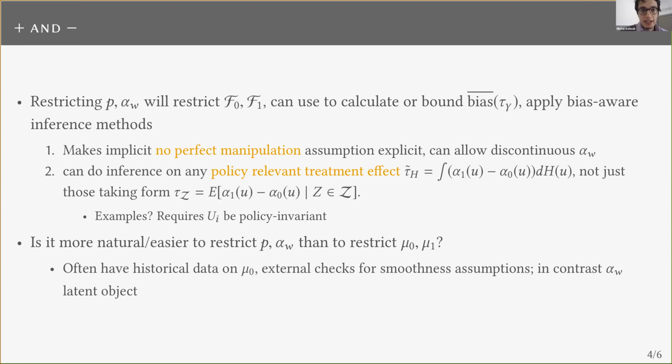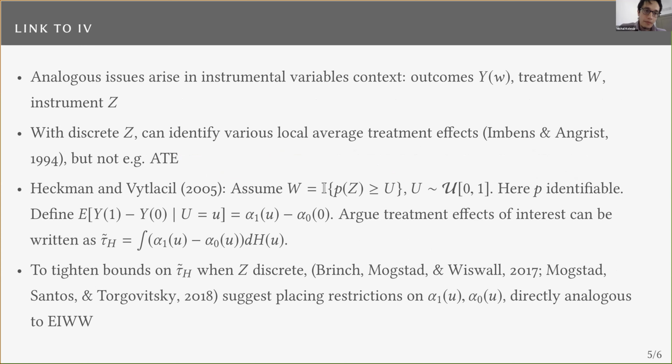So I think I'm running out of time, but I just want to briefly mention that the same sort of considerations also arise in the literature on IV, where this latent variable U corresponds to the error in the first stage regression.